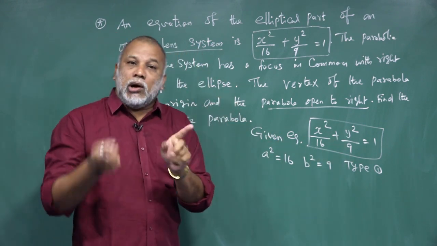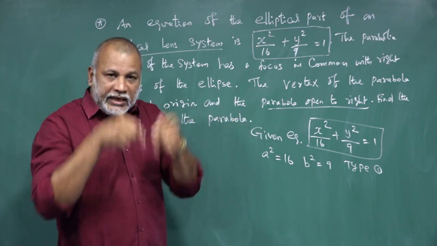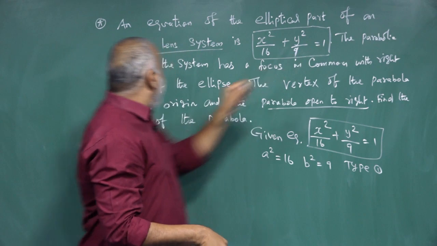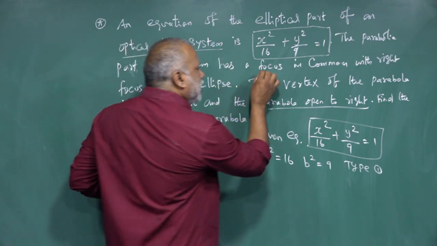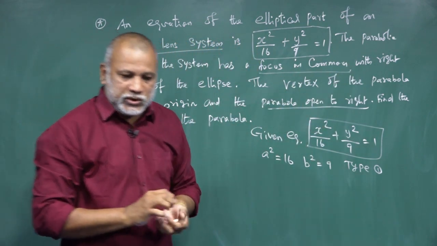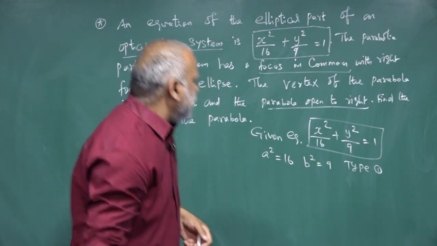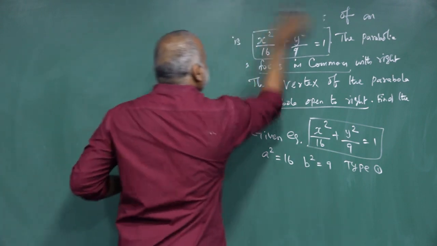Now we are going to draw the standard diagram of an ellipse. In that ellipse, the parabolic part of the system has a focus in common. This is one of the key words. So see, the diagrammatic explanation, we already know the diagram.